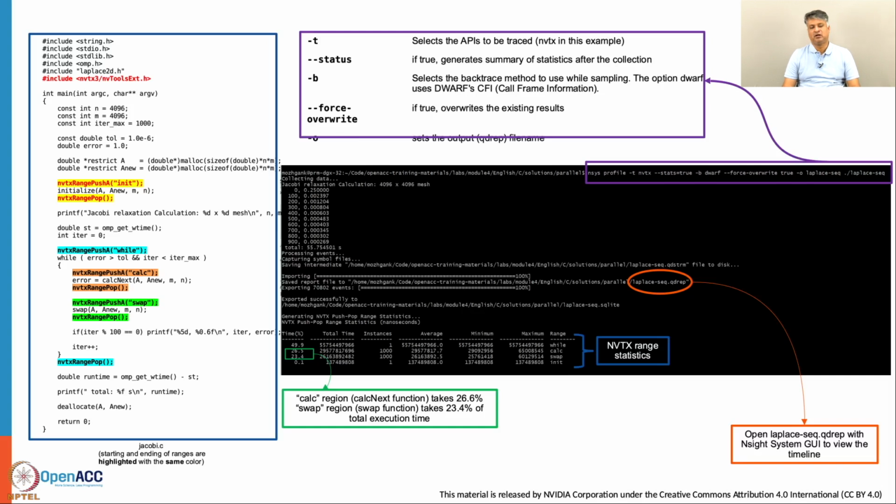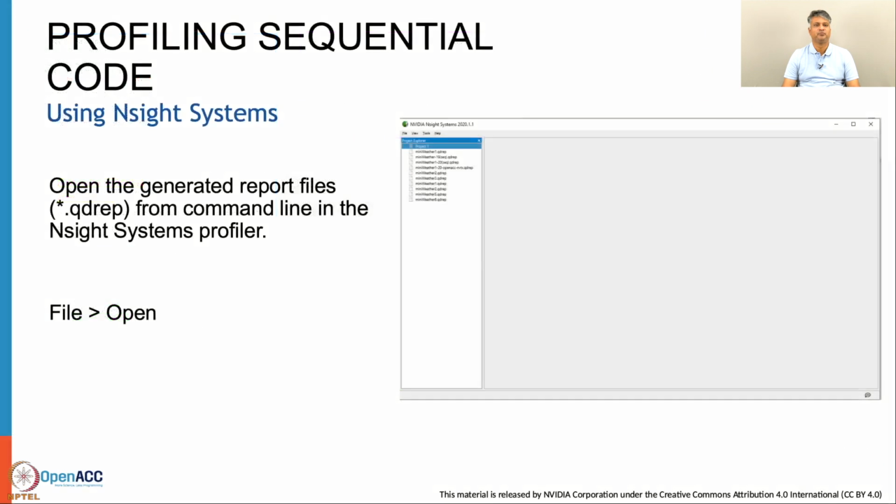Each of these regions marked by different colors of start and push and pops of NVTX ranges will now give me information. What it tells me is that the calc next function takes about 26.6% of the time, the swap region takes about 23.4% of the total execution time, and you can see all this on the GUI timeline.